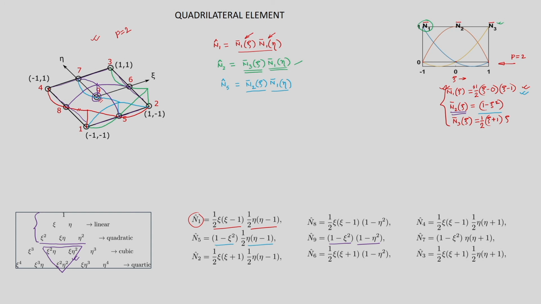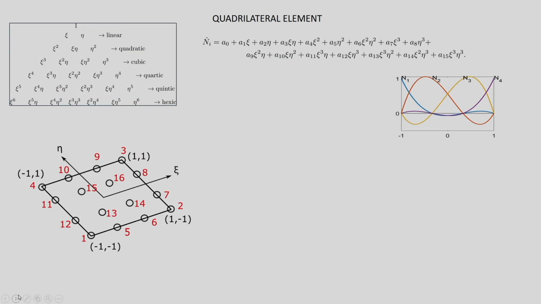Now let us go ahead and discuss the derivation of the shape functions for the quadrilateral element with p equal to 3. So in the same way we will first derive the shape functions for the one dimensional case for p equal to 3.